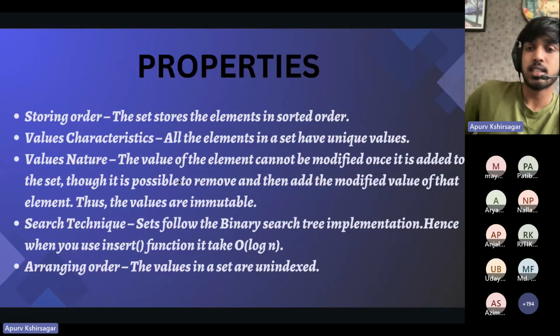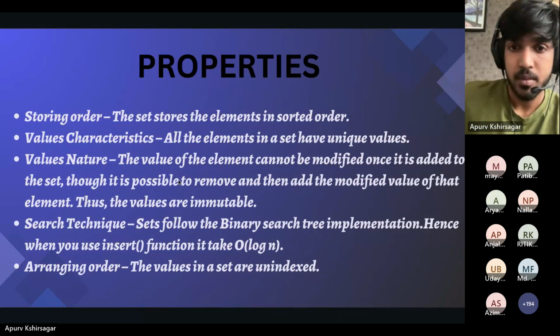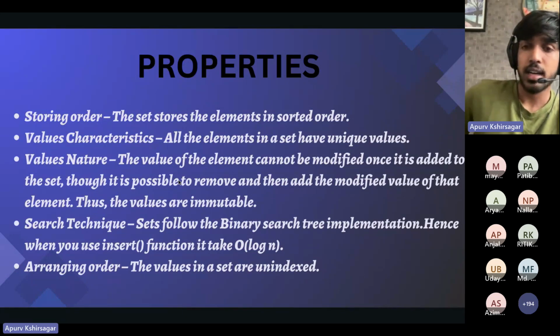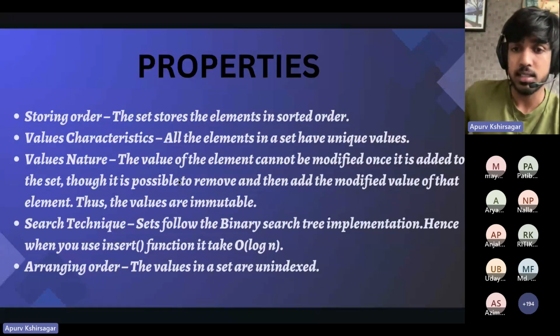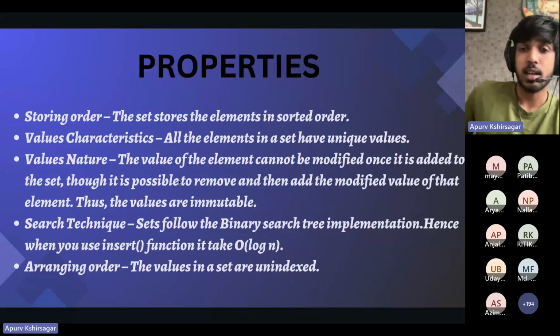It states that the values in the sets are immutable. Now what does immutable mean? The value of the element, once we add it in the set, cannot be mutated. It can be removed, or another element can be added, but it cannot be modified as such. And that's why the values in the sets are immutable.